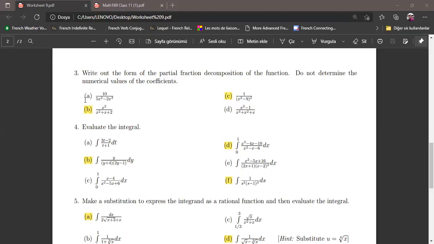For these ones, we will try to write them as the sum of 2 or 3 fractions. Let me share the whiteboard again.